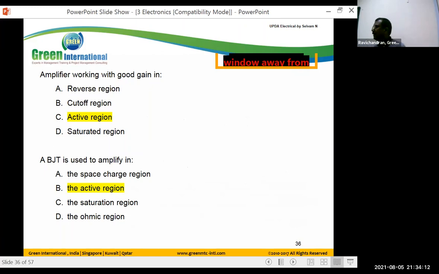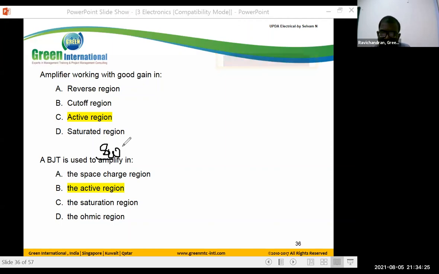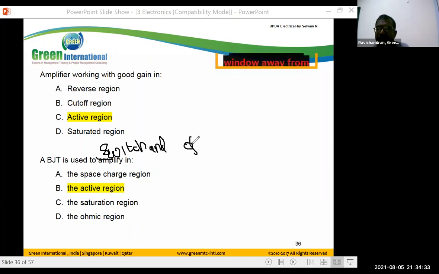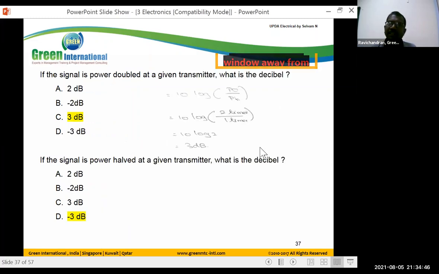If a BJT is used to amplify, the transistor is in the active region. Suppose the BJT is used as a switch and operating in the off condition, they may ask that too: cut off, saturation. This way, we get the answers. And this question is frequently asked in the exam.